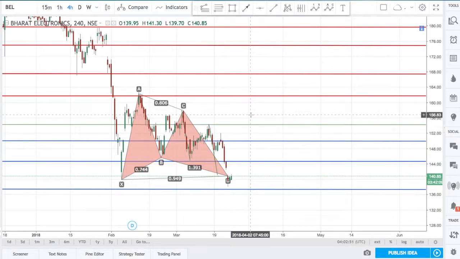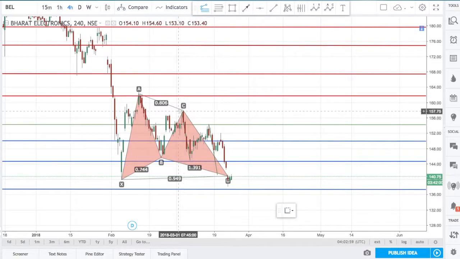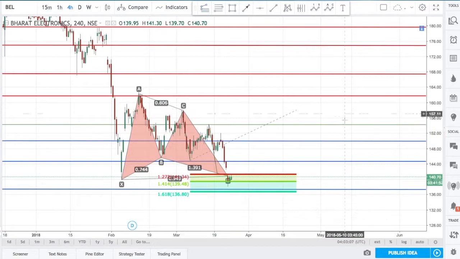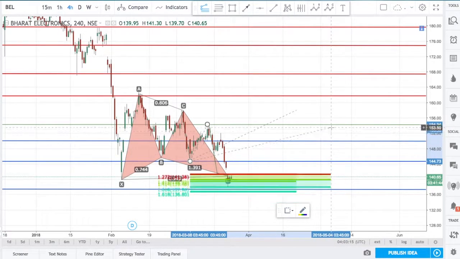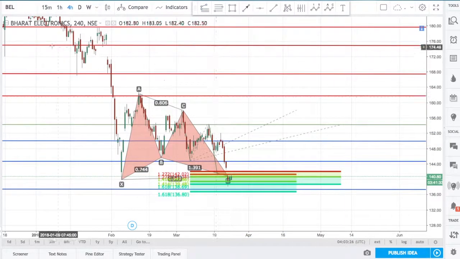Now let's see if we can have any Fibonacci confluence. Fibonacci confluence is nothing but the meeting of two Fibonacci levels at one place. Okay, so can we find any Fibonacci confluence?